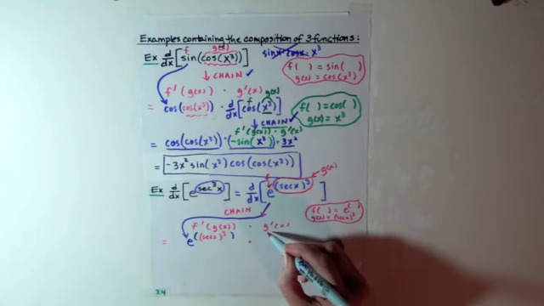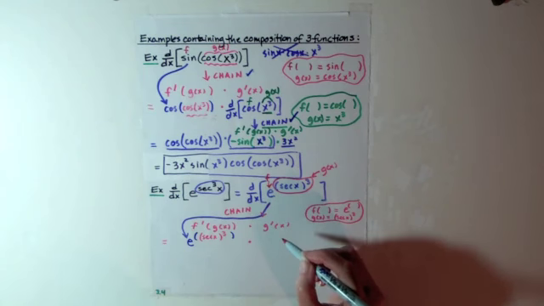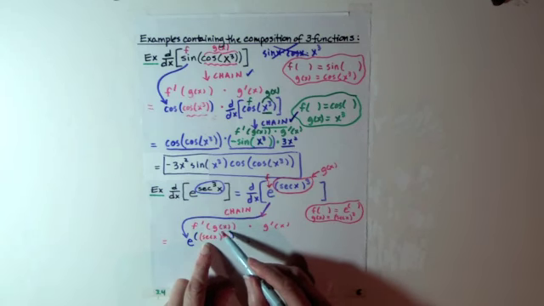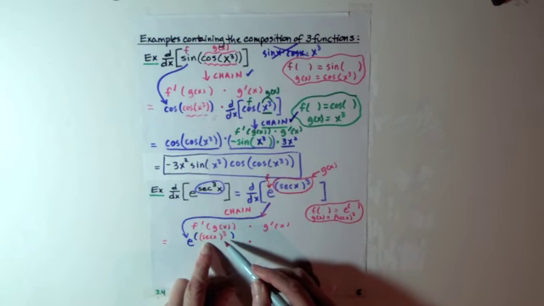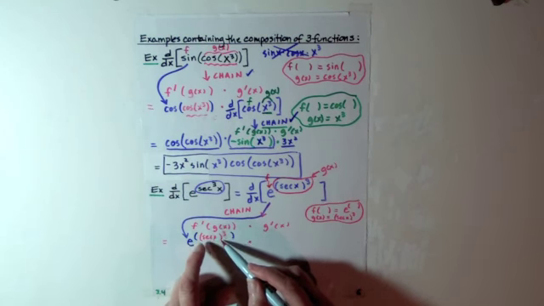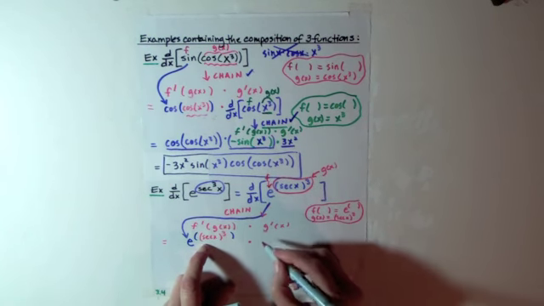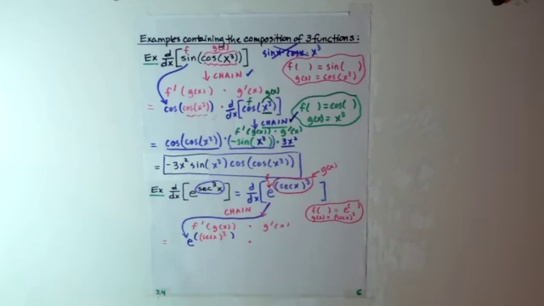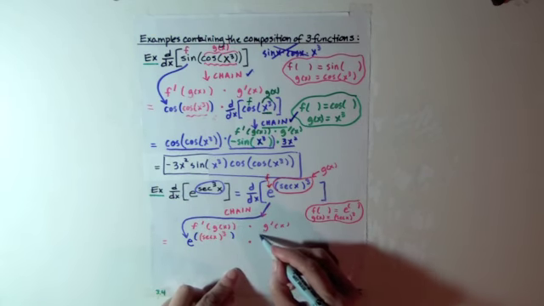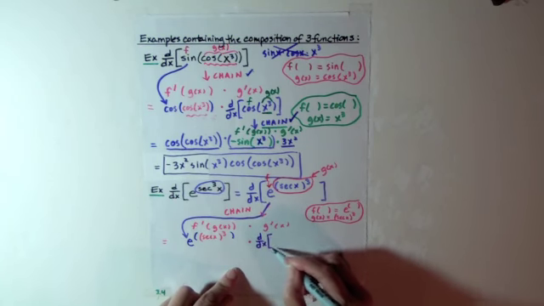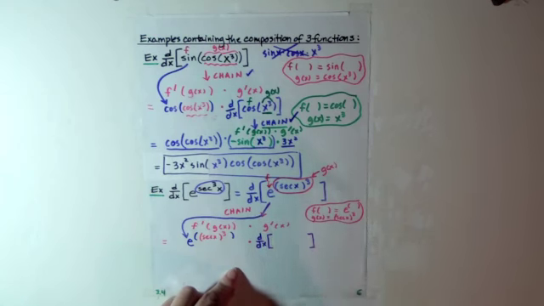So I have to multiply by g prime, but g prime looks difficult because g of x itself is a composition of two functions. It's secant x inside the cubing function. I don't want to do the chain rule again in the same step, so I'm just going to use my operator notation and say, great, that's fine, but I don't want to do that step yet because the derivative of the inner function looks complicated.